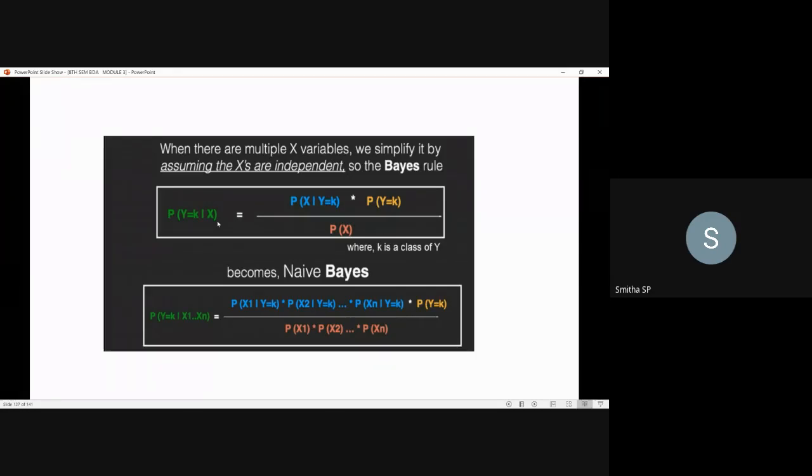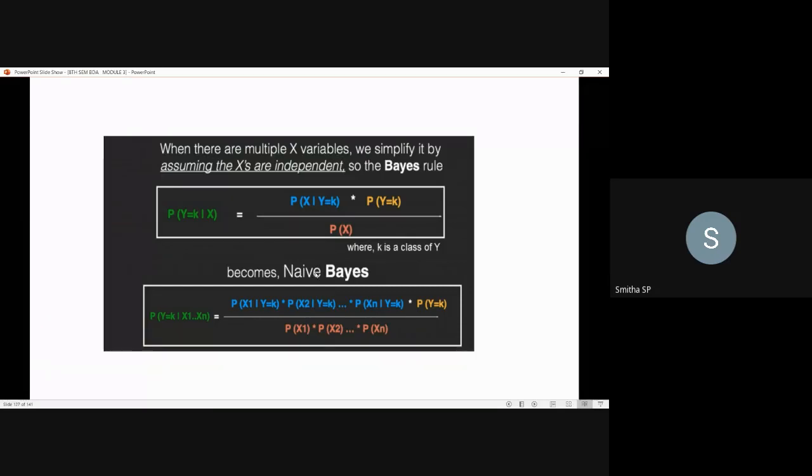Y is a variable. When we take this Bayes rule and make these x variables independent, we obtain naive Bayes, because naive Bayes is based on the assumption that the x variables are independent.